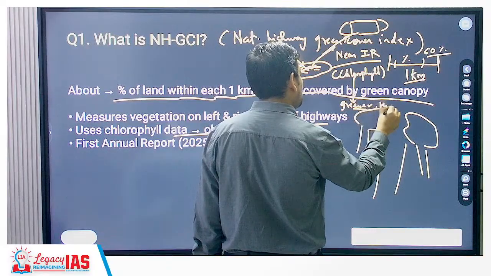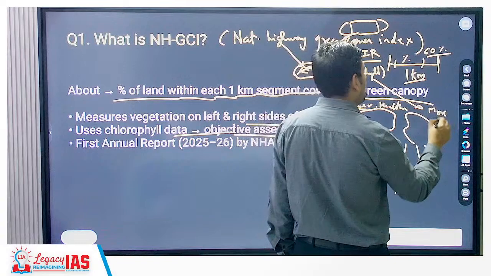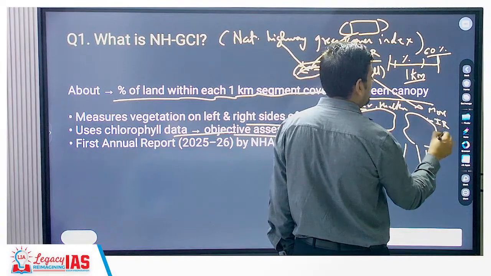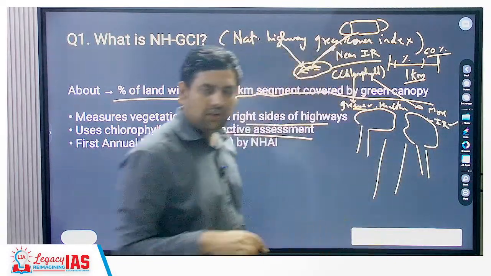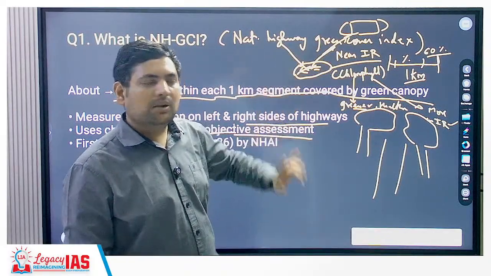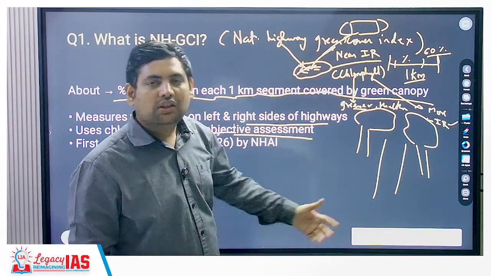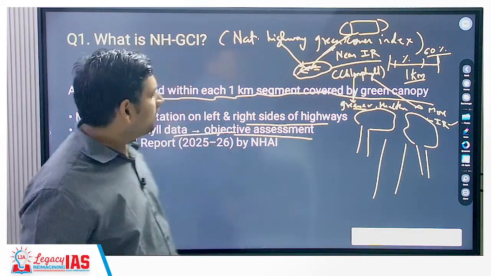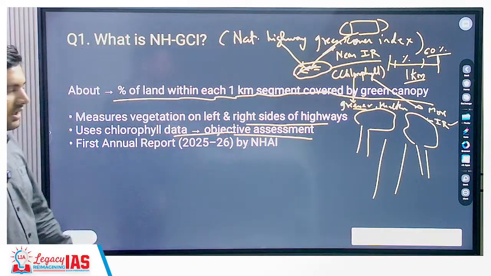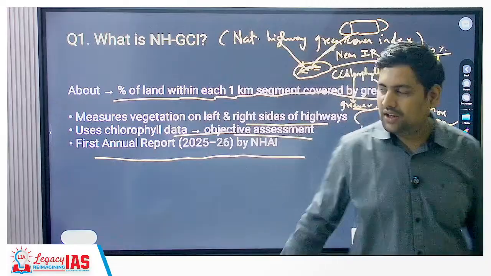This you understand already. Now the thing is, it also releases more near infrared radiation. So if on the satellite itself you see more infrared radiation coming from this area, that means it has more green cover. Understood? So, using this they have done the assessment. First annual report by NHAI, National Highway Authority of India.